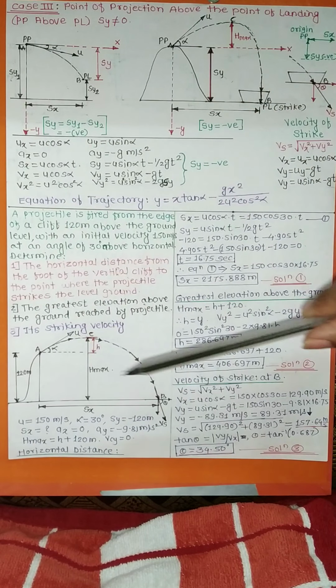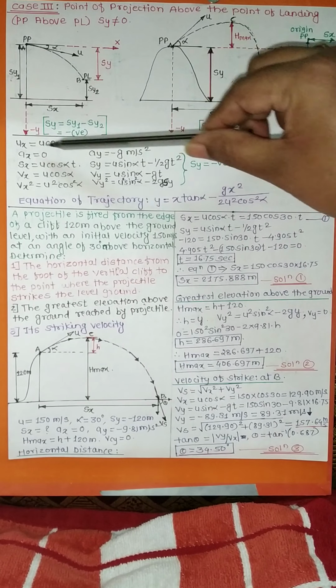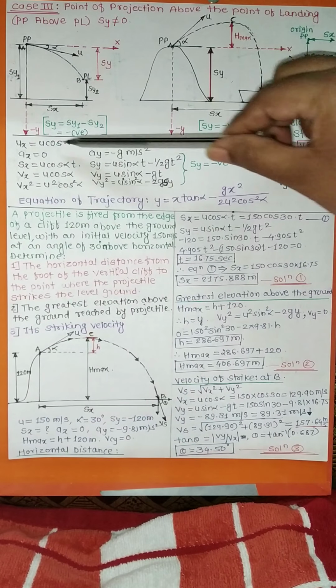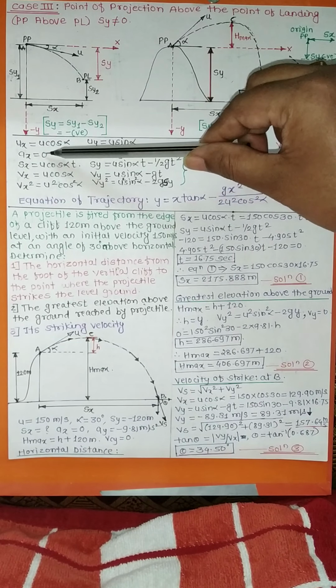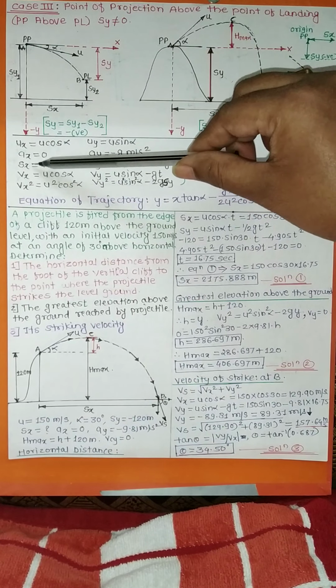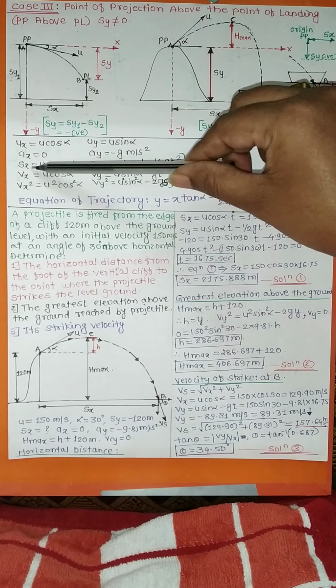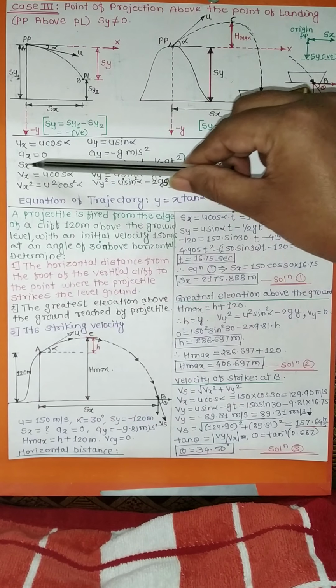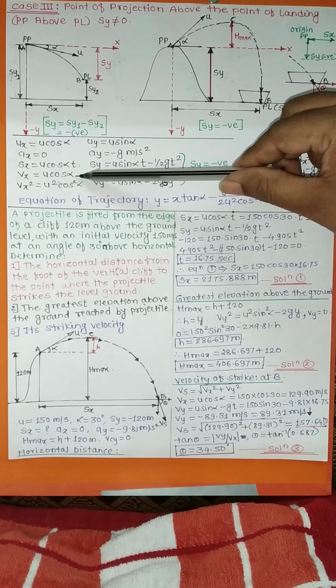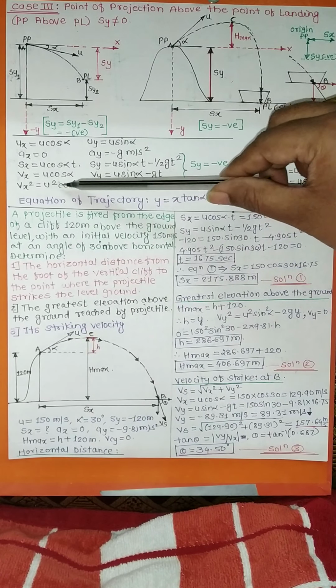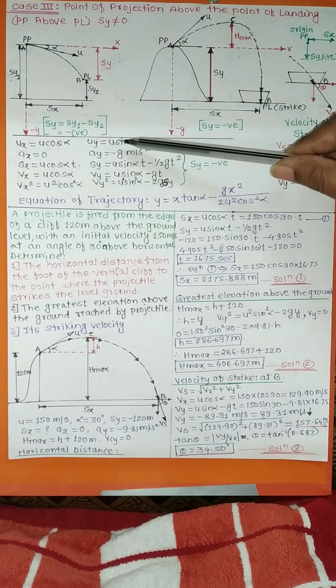Now the substitution that we are going to use in this case: ux is u cos alpha along the x direction as velocity is constant, therefore ax will be 0, and the equations of motion along x direction that we can use are Sx is equal to u cos alpha into t, Vx is equal to u cos alpha, Vx square is equal to u square cos square alpha.